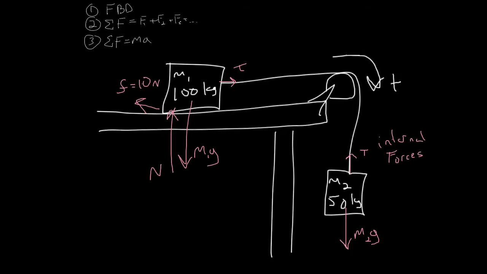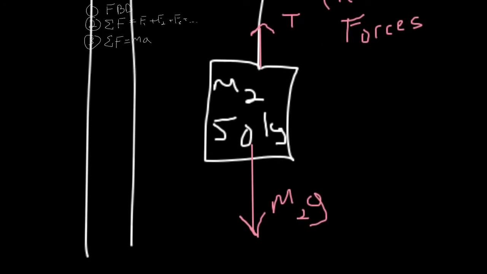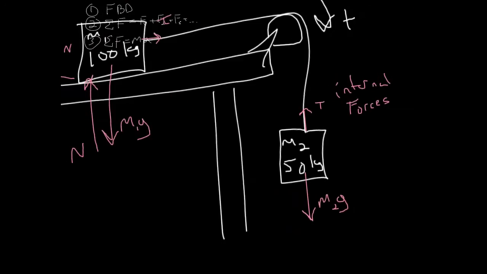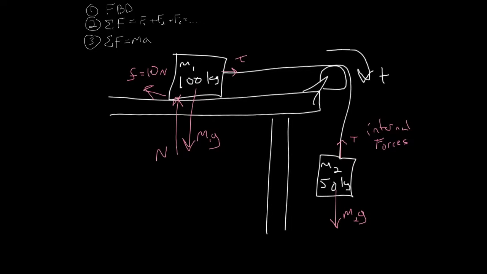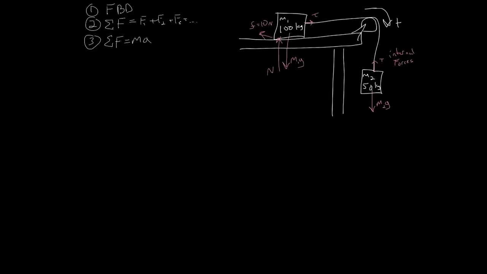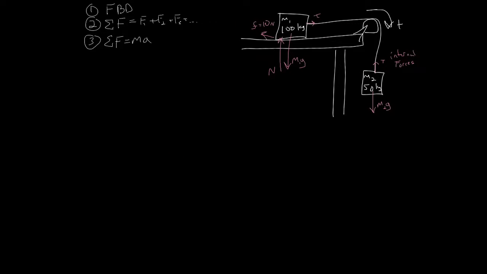If we looked at one block separately and applied Newton's laws to just that one, then we'd consider the tension. For right now, we're going to consider the full thing, so we're not going to worry about the tension just yet. We're just considering the forces that don't cancel out and are not internal. Let me move this up to the corner. I need some space to write. So there's our free body diagram.